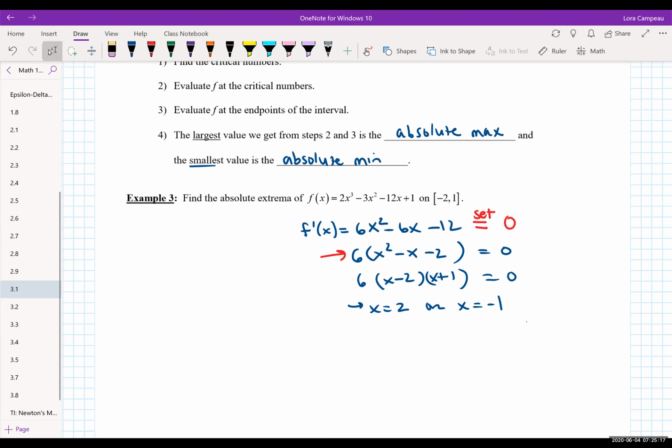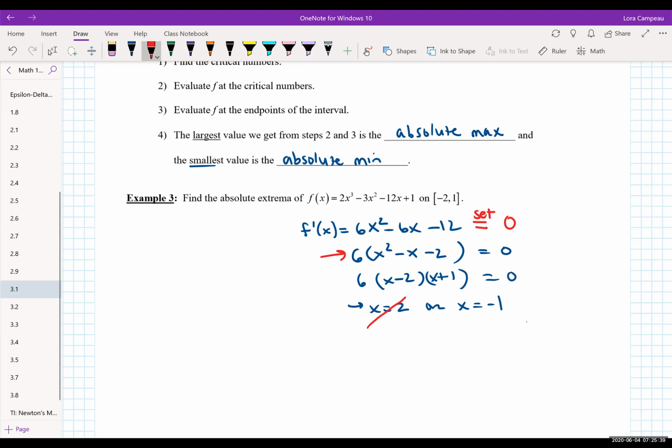The one thing I want to pay attention to, if I am on the open interval, negative infinity to positive infinity, both of these values would be valid to talk about critical numbers. However, this x equals 2, I'm going to ignore it.